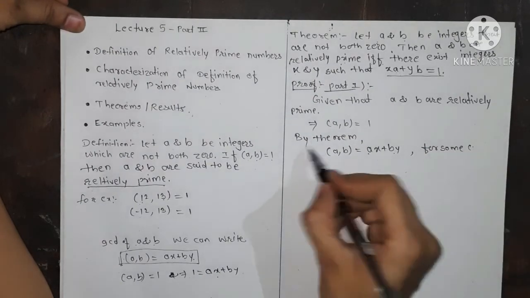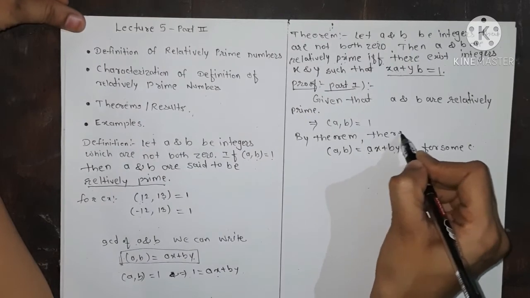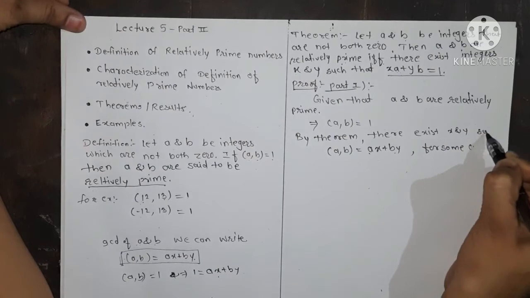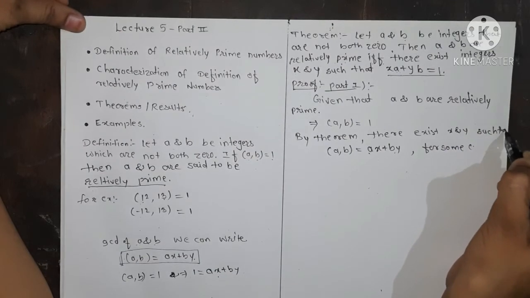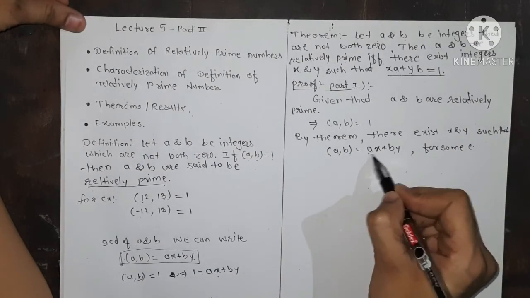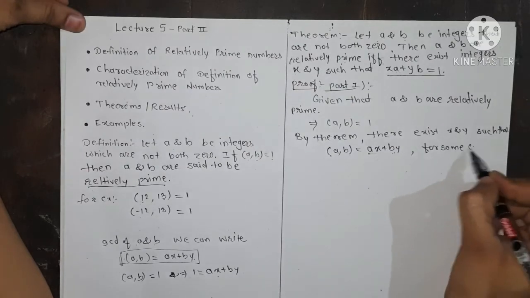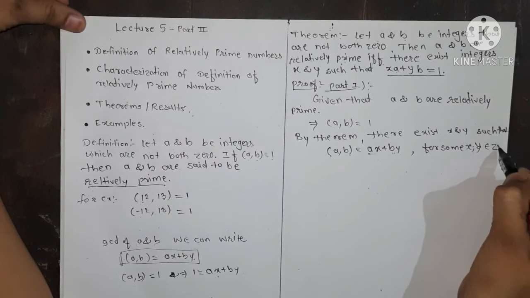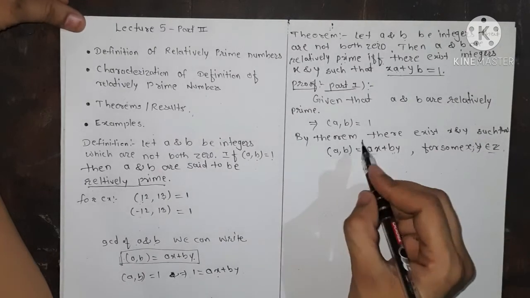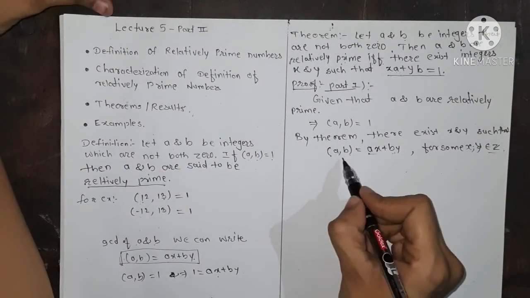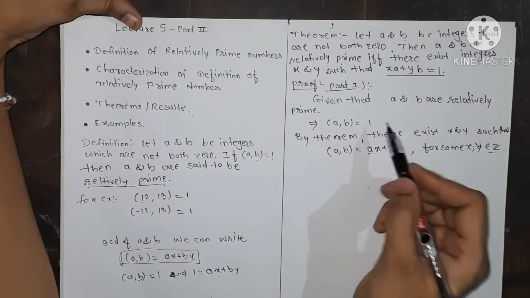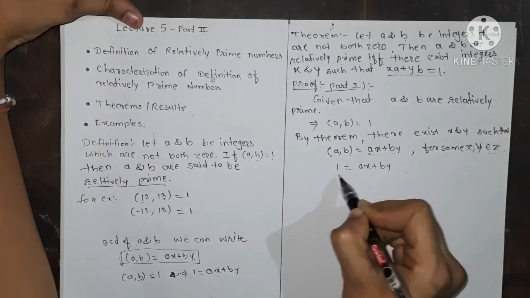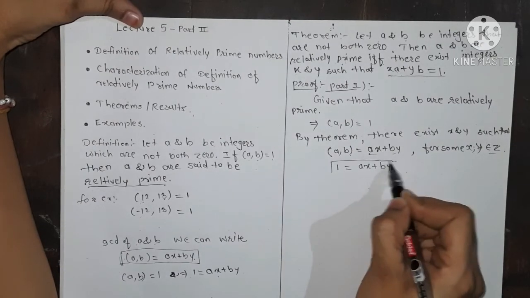That is, by the theorem there exist x and y such that the GCD of a comma b is ax plus by, where x comma y belongs to Z, the set of integers. As the GCD of a comma b equals 1, we write 1 equals ax plus by. So this is as required here.